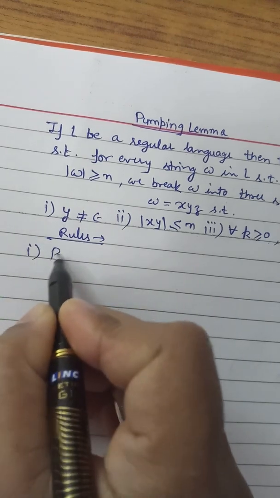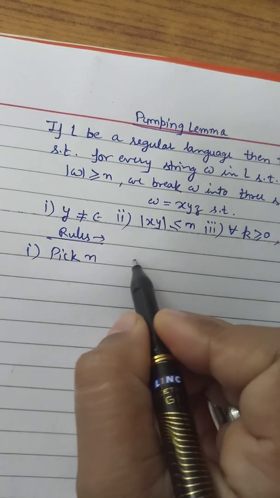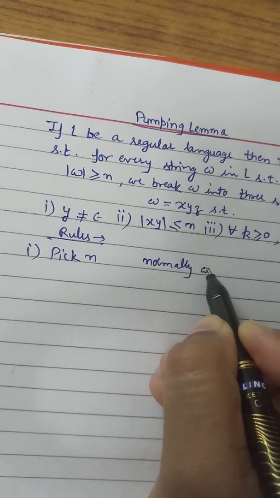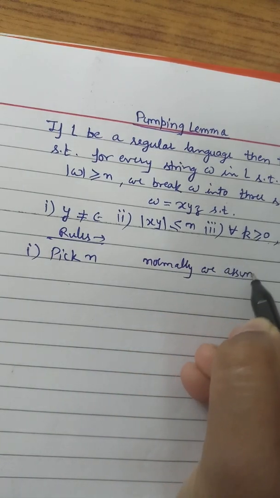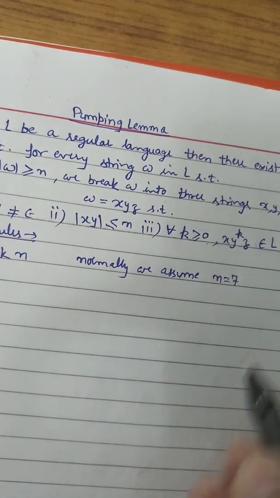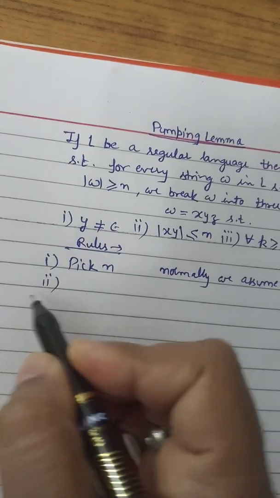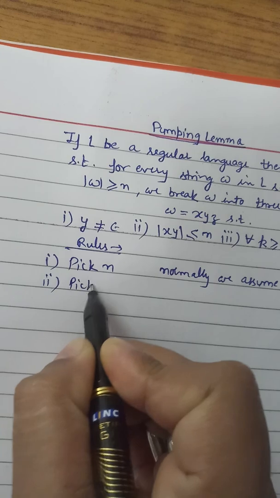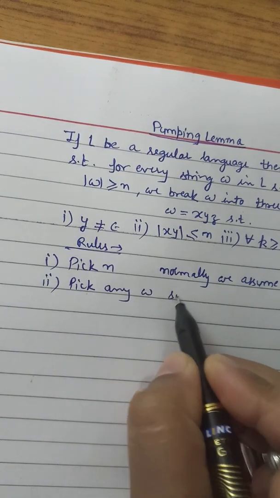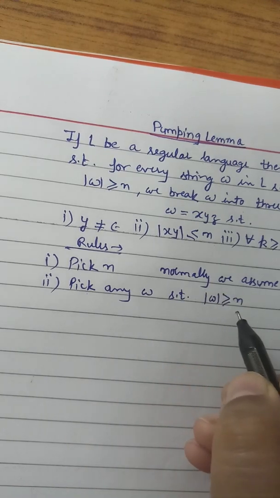The first rule is pick n, any value of n, but normally we assume n is equal to 7. The second rule is pick any string such that the length of that string should always be greater than or equal to n.